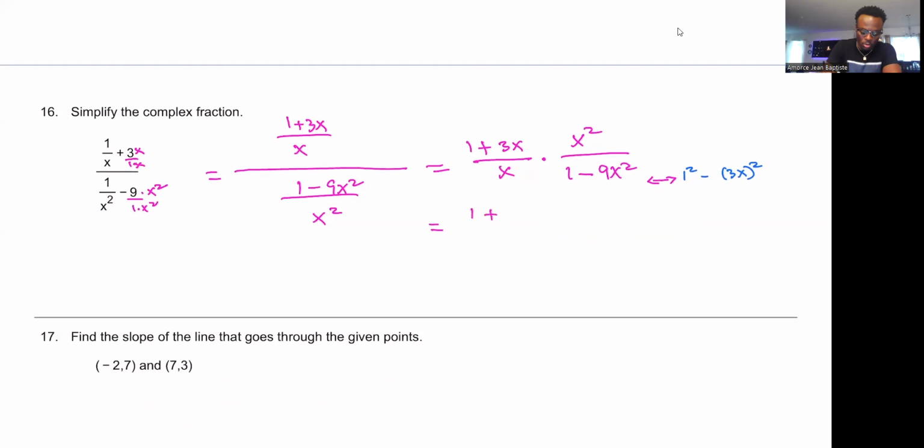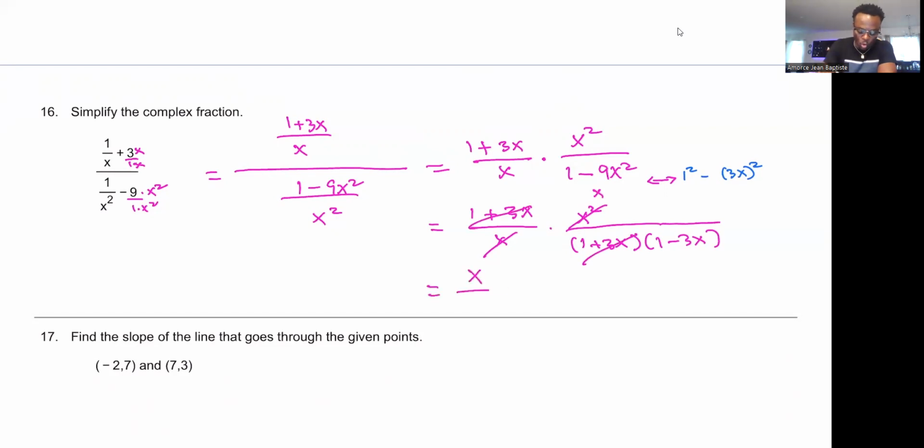Keep this one, 1 plus 3x over x times x squared over 1 plus 3x times 1 minus 3x, which is the factored form of 1 minus 9x squared. So then one of the x's go. We got 1x left. 1 plus 3x cancels. Then what's left is 1x on top over 1 minus 3x. That's your answer.